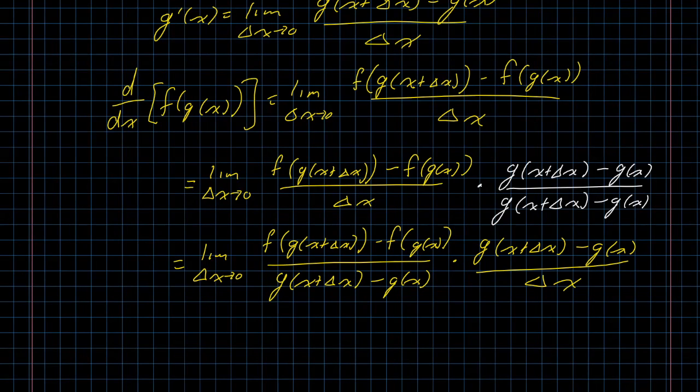Now I can take those two fractions, I can swap their denominators, right? Commutative property of multiplication, this is still working the same way. And you start to see why this swap was so important, why introducing this thing was so useful. Because that bit right there, that's g prime of x.